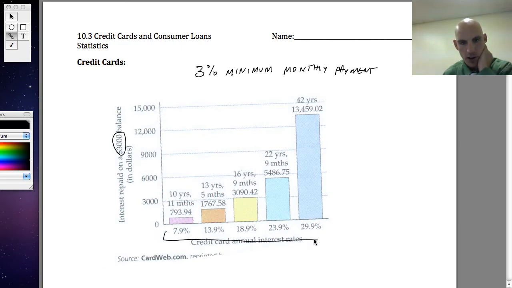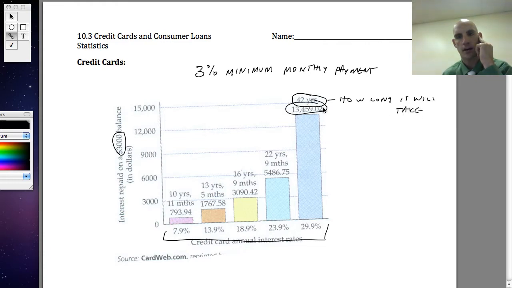So if you have a credit card with one of these interest rates and you pay the minimum 3% balance, this number at the top gives you how long it will take, and this amount is how much you end up paying.